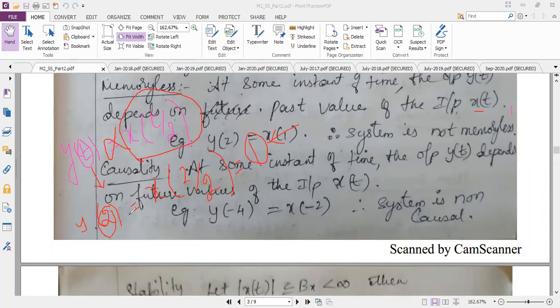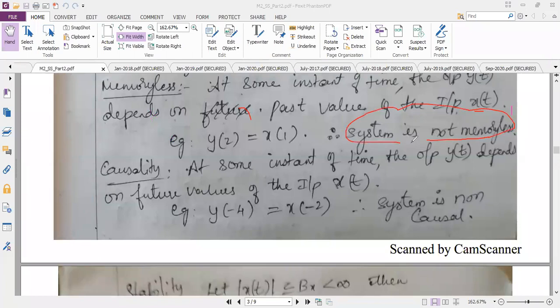So when I substitute t is equal to 2, I get x of 1 as the answer. This 1 is lower than the number 2, so this 1 says that it is a past value. If it is a past value, then I cannot say the system is not having memory. I have to say the system is having memory, or instead we can also write it as the system is not memoryless.